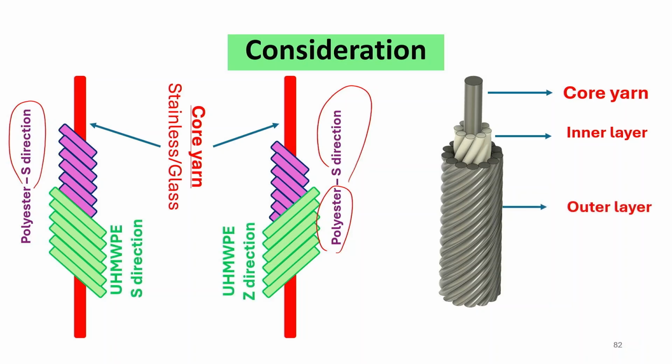And in the outer sheath, the outer layer, ultra high molecular weight polyethylene, one is in S direction, another is in Z direction. These yarns were used to produce different types of fabrics.